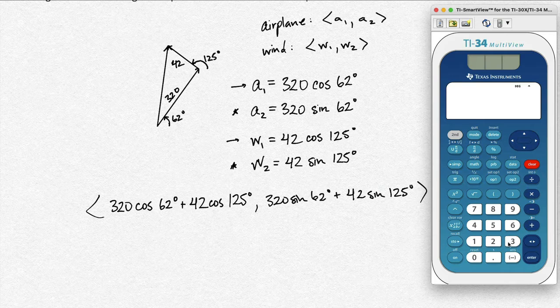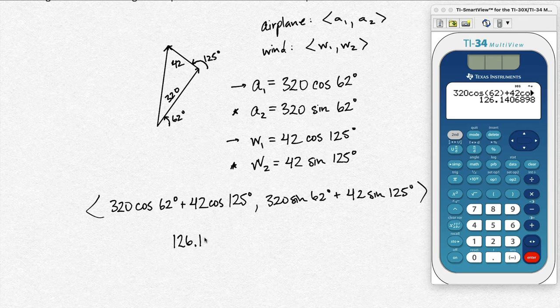So we have 320 cosine of 62 plus 42 cosine of 125. I'm in degree mode, so I'll hit enter here, and that gives me that first component, about 126.14.